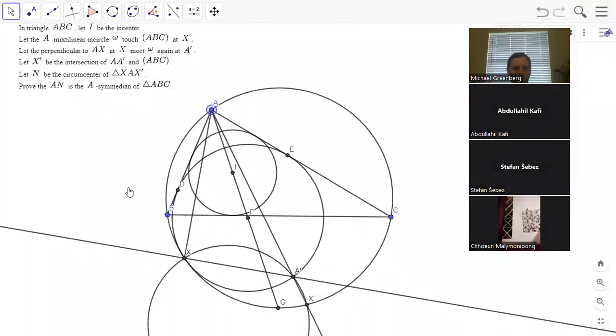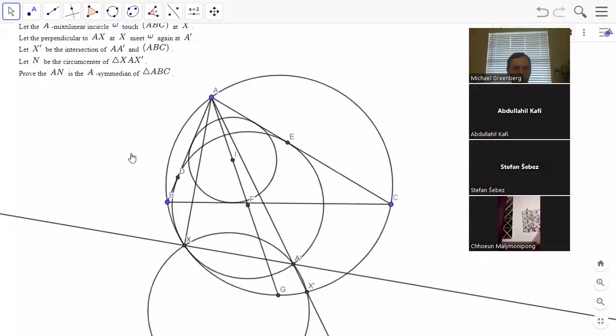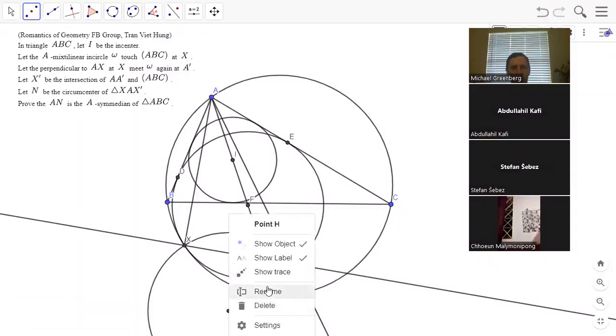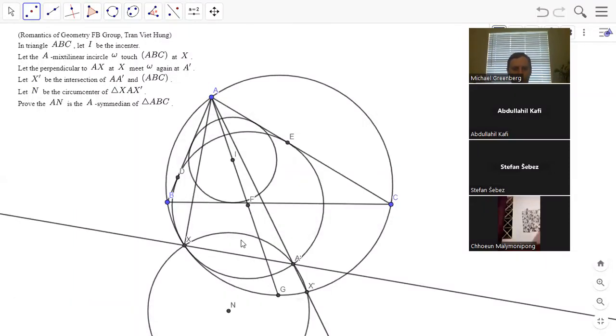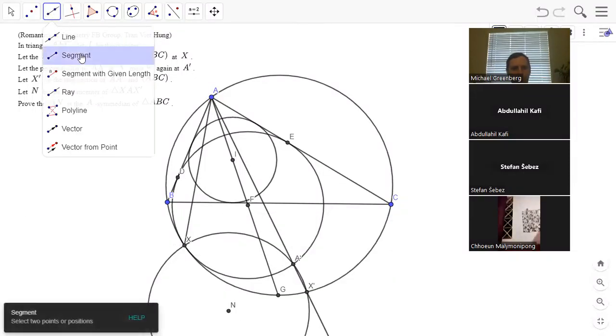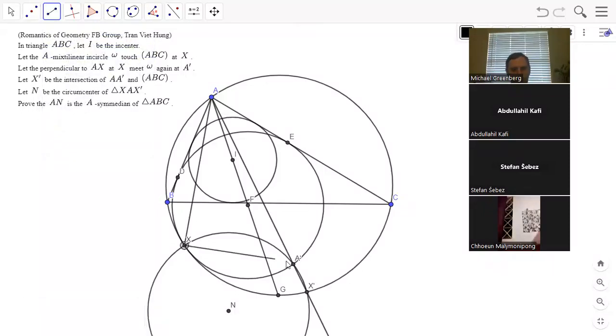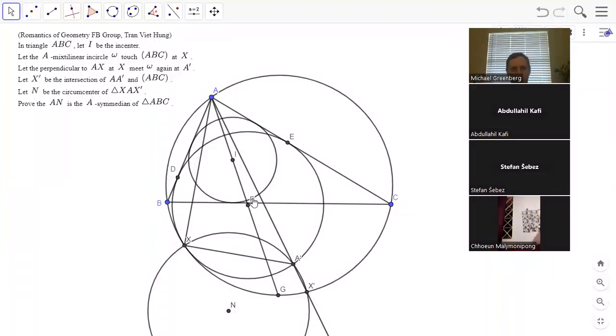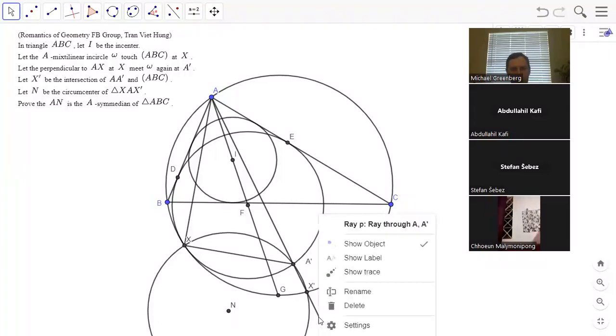Let's move the diagram up a little bit. And call this N. We want to show AN is a median of ABC. Hide this.